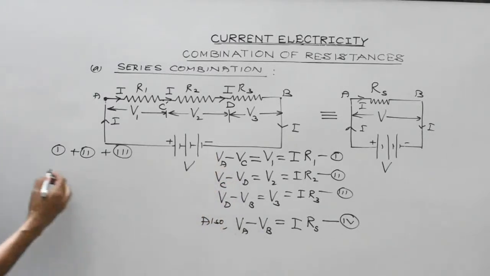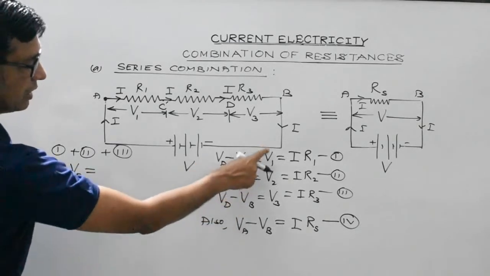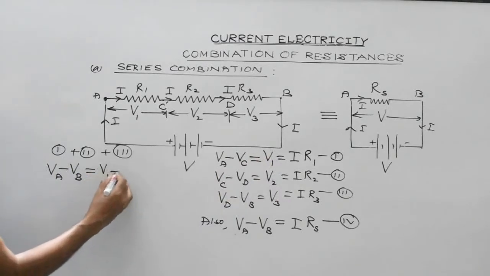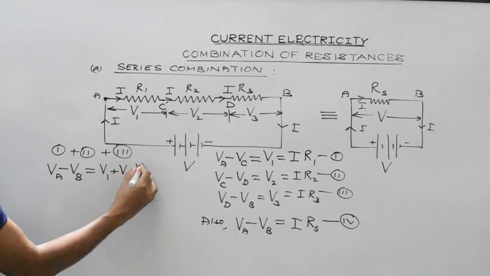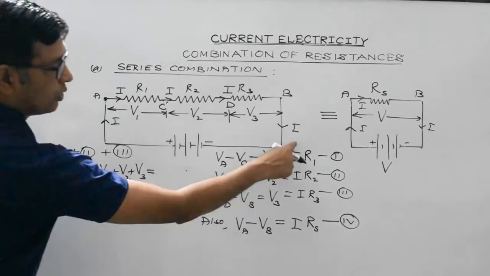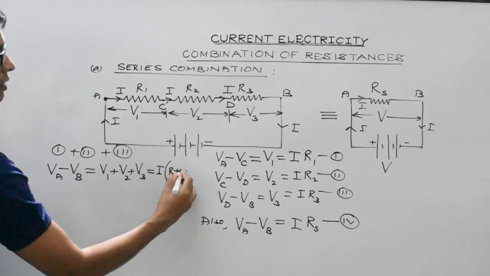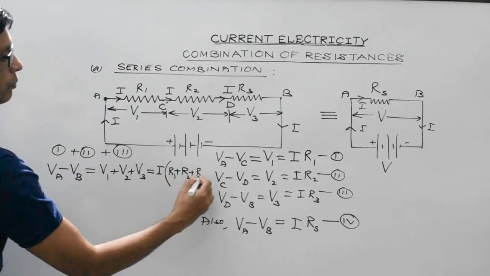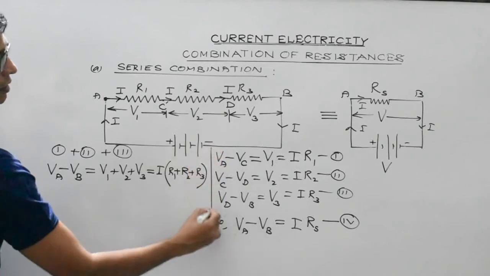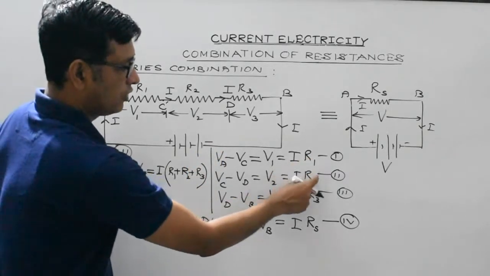So on the left hand side we will be left with only VA minus VB, and that is equivalent to V1 plus V2 plus V3. And this in turn would be equal to I, taken as common, times R1 plus R2 plus R3, right students? Simply add these 3 equations.